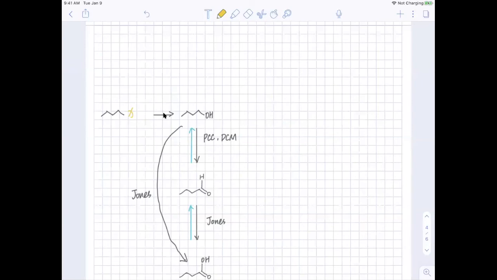So how can we turn a haloalkane into alcohol? What are the methods? One way is HX.